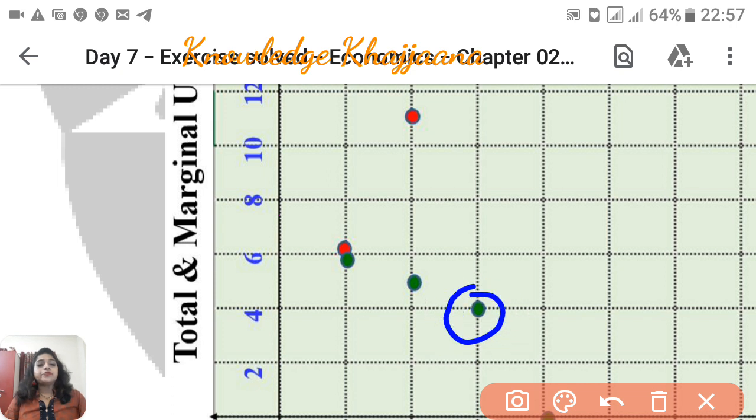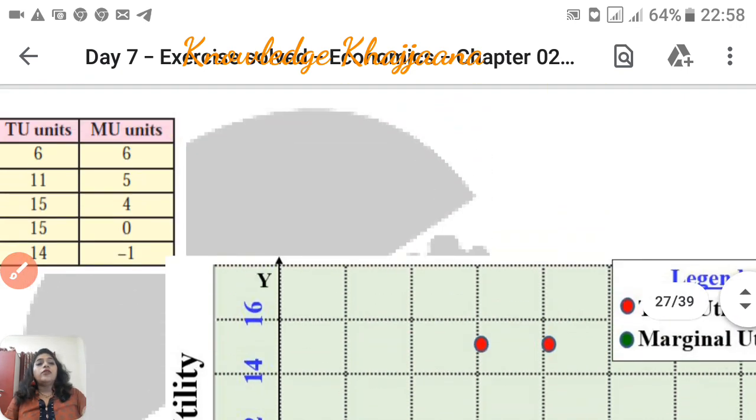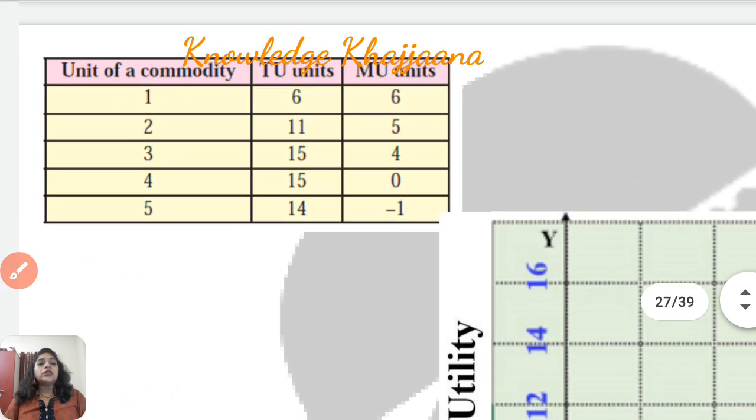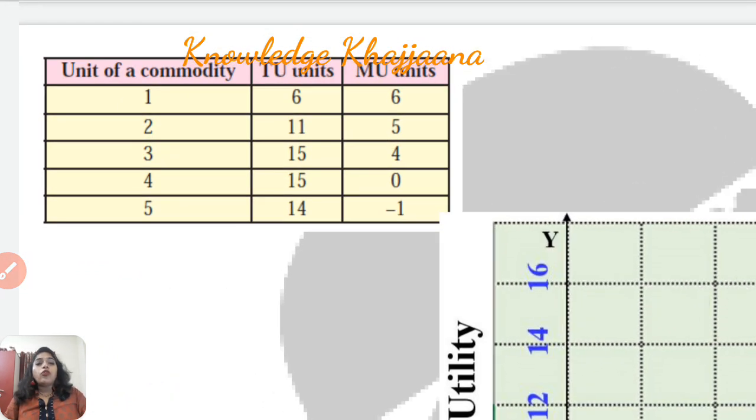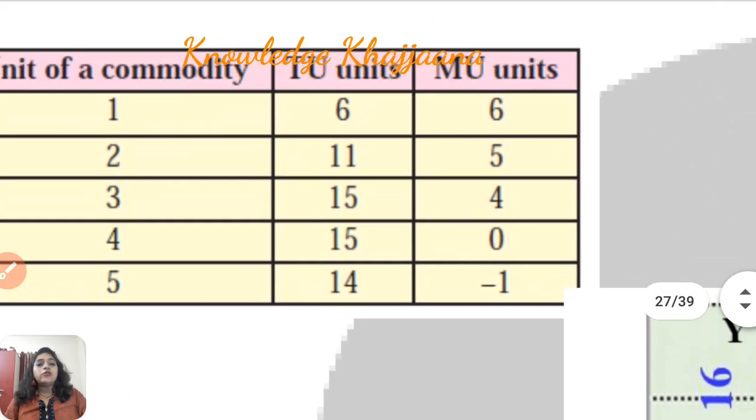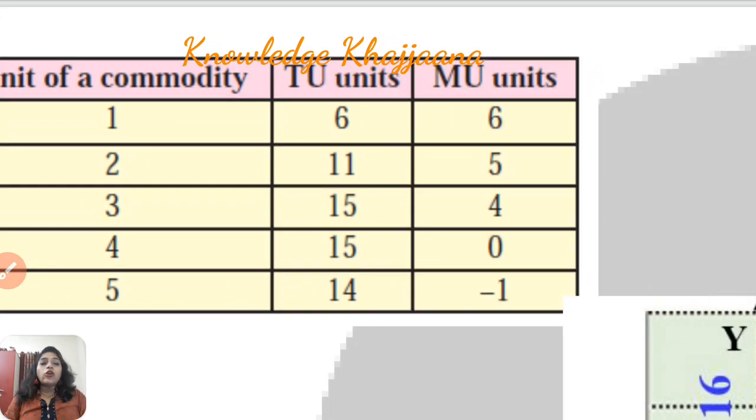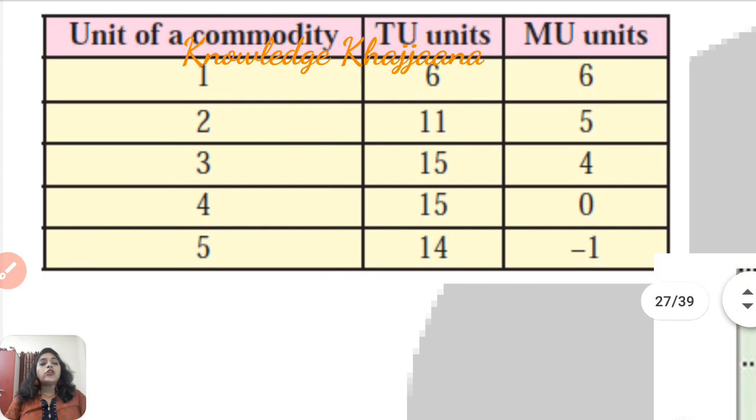Now when the consumer consumed the fourth unit, the total utility achieved was 15 utilities and the marginal utility declined and became 0. Why? Because it had reached the point of satiety and it is remaining constant.